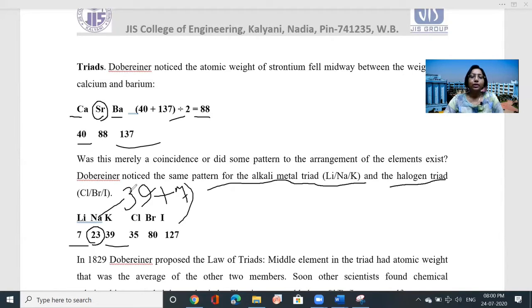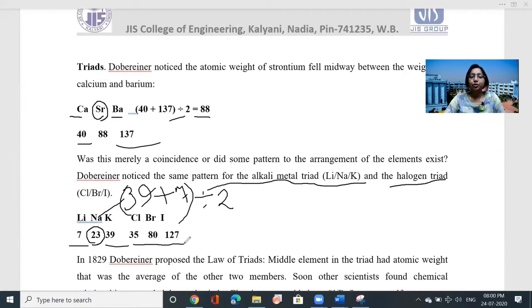Then you divide this by 2, the same way we did before. So what are we getting? We are getting 23.